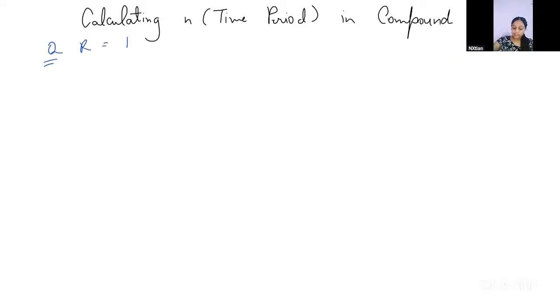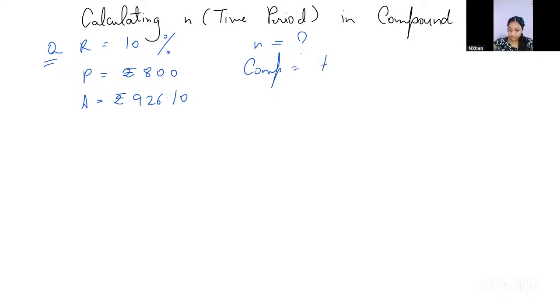You have rate 10%, principal 800, amount 926.10. We have to find out the n, where your compounding is done half yearly.